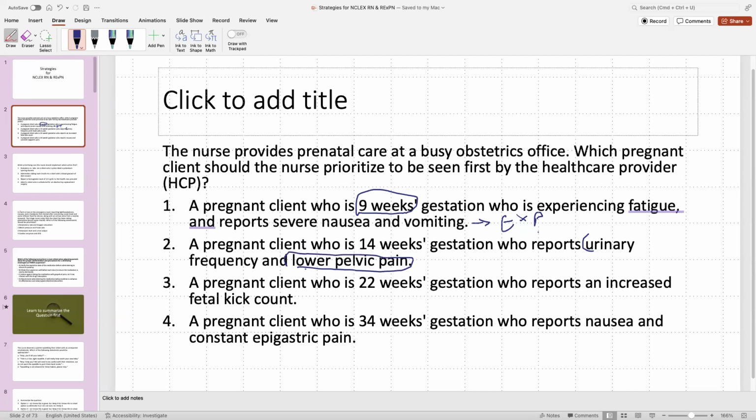Okay, so highlight it, lower pelvic pain and urinary frequency. What comes into your mind when you see this option? Is it okay to have urinary frequency and lower pelvic pain at 3.5 months? What do you think?